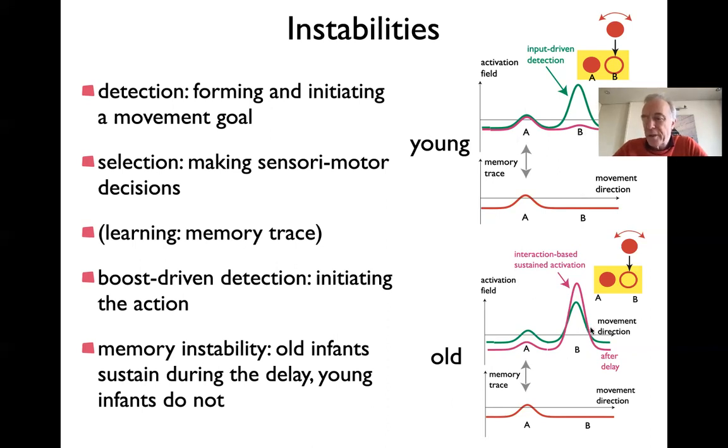While the older infants can sustain a peak at B, and therefore when the boost comes, nothing changes, and they will reach for the location that they had that peak at. Good. And yeah, so that's how the older infants would react to that.